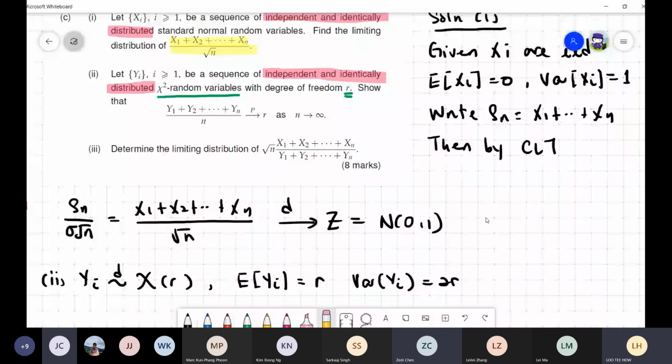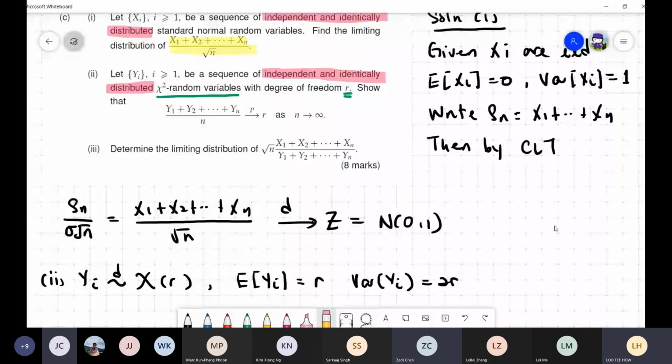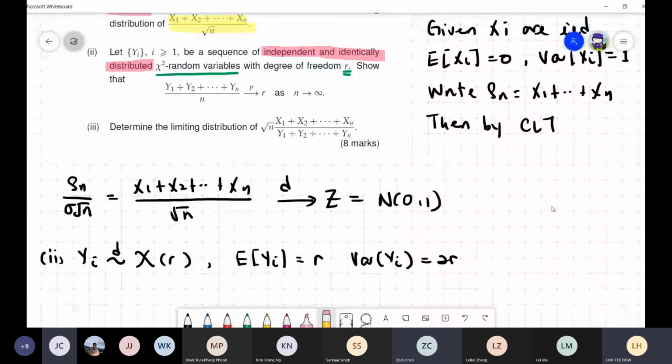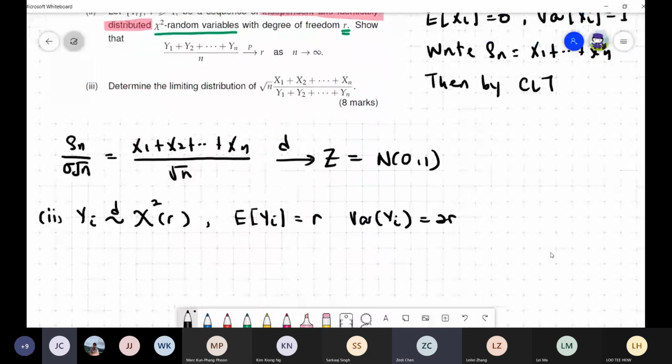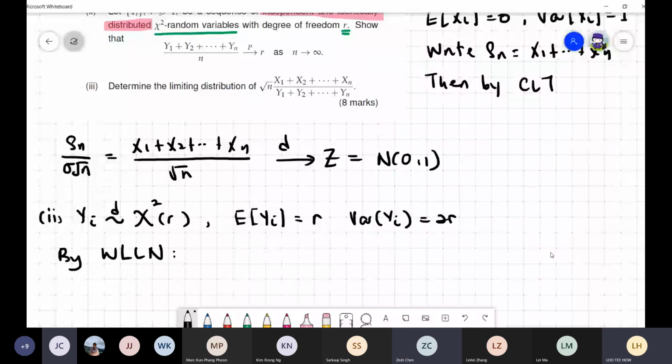Actually, we do not need the variance. The variance is 2r, so we only need the mean, r. Also, because these are IID, we can use our law of large numbers. We can use the weak law of large numbers.